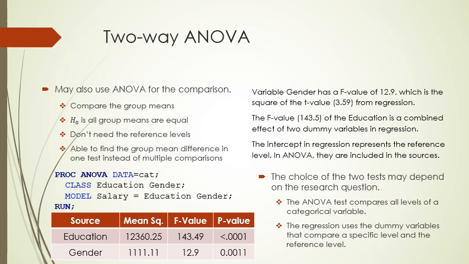Thus, we may use either the regression or the ANOVA tests when we have categorical variables as predictors. The choice of the tests may depend on the research question. The ANOVA test compares all levels of a categorical variable, and the regression uses the dummy variable that gives us the pair comparison between the specific level and the reference level.